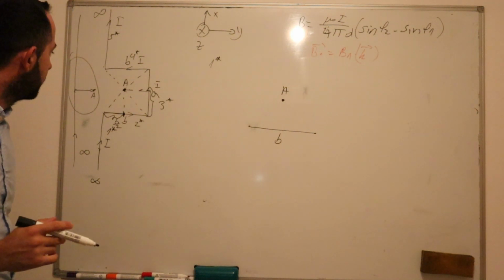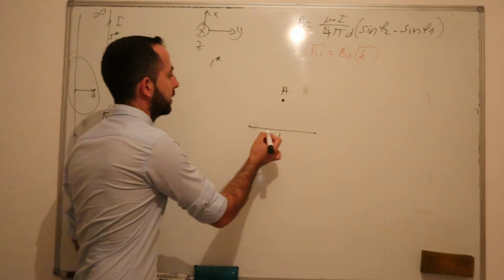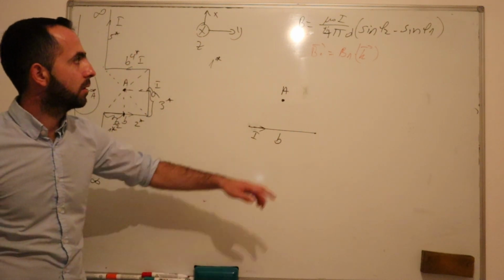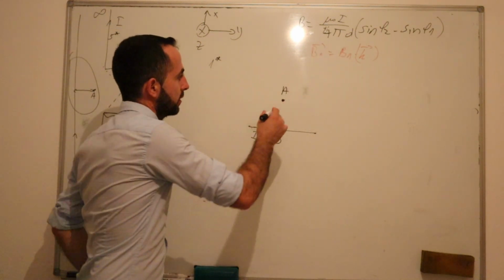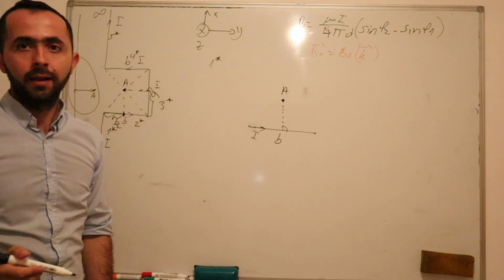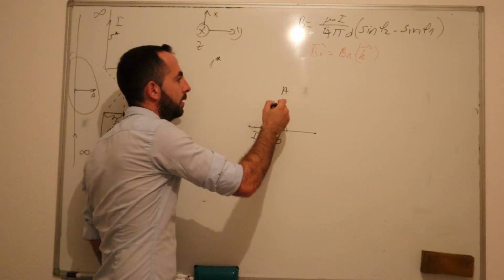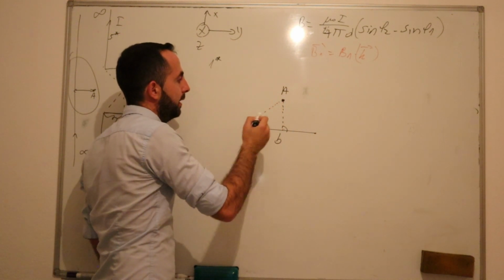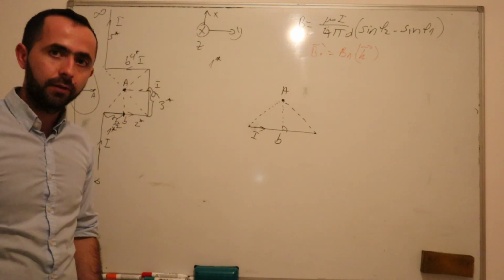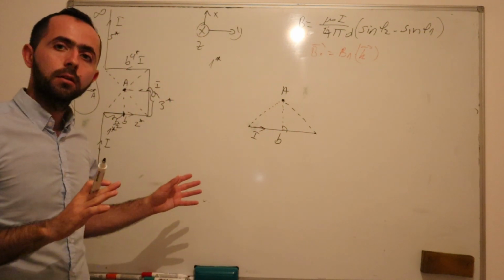So what I firstly do, I have the current here in this direction. I firstly draw the distance, so it is a normal to my conductor. Then I connect this point to the beginning of a conductor and the same point to the end of a conductor, and I get two angles.